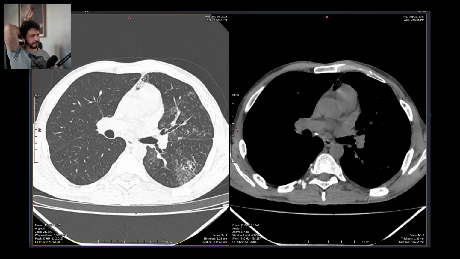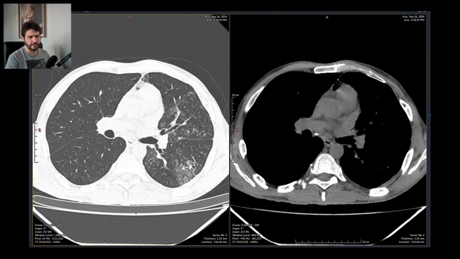It shows if you have already been in contact with the bacteria, the bacillus, and we also do a chest CT or X-ray to look for active disease.